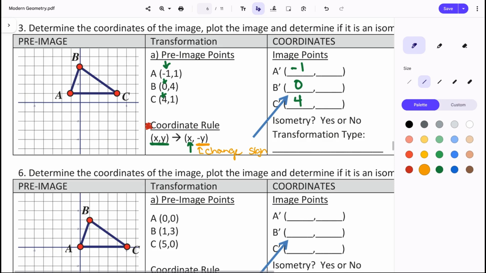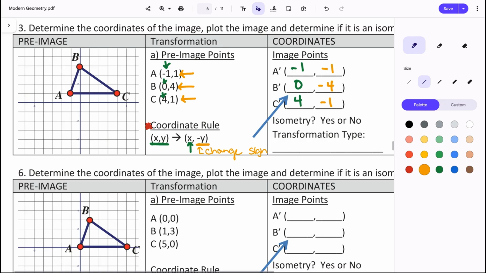So if my A coordinate up here for my y is 1, and I change the sign, it would become -1. What happens to the B? And the C? -1. Okay, what would happen if it had been -1 instead? Then it would become +1.